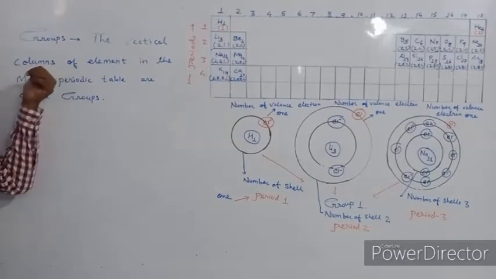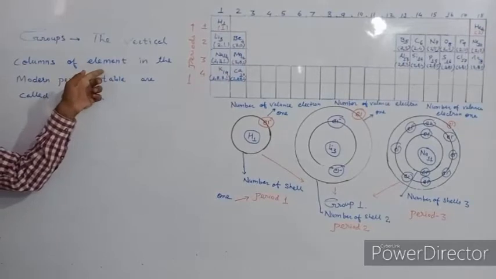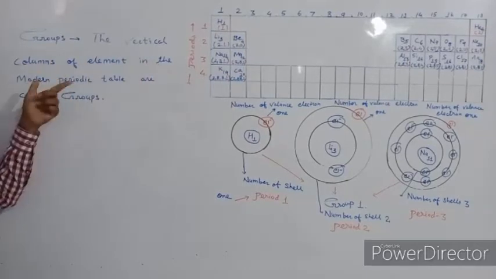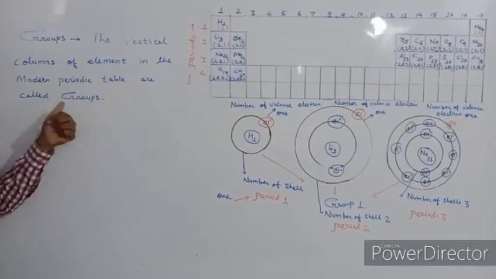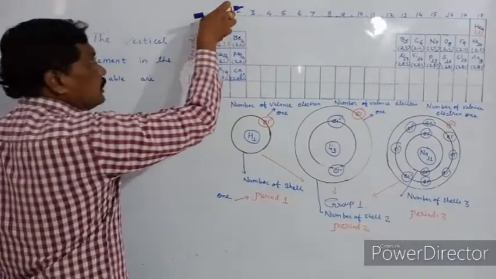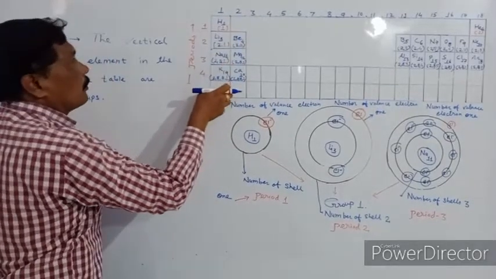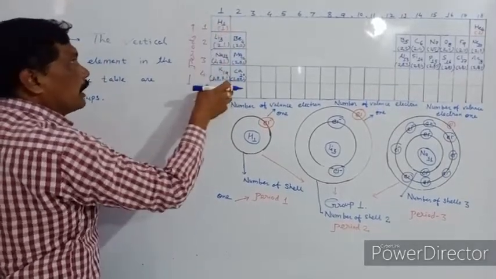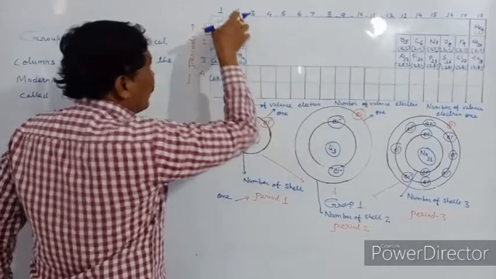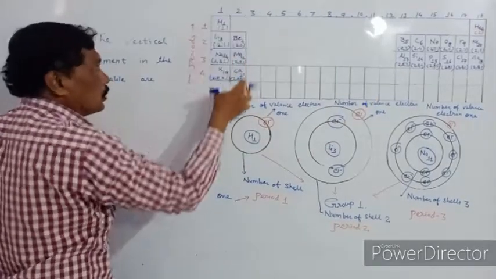The vertical columns of elements in the modern periodic table are called groups.